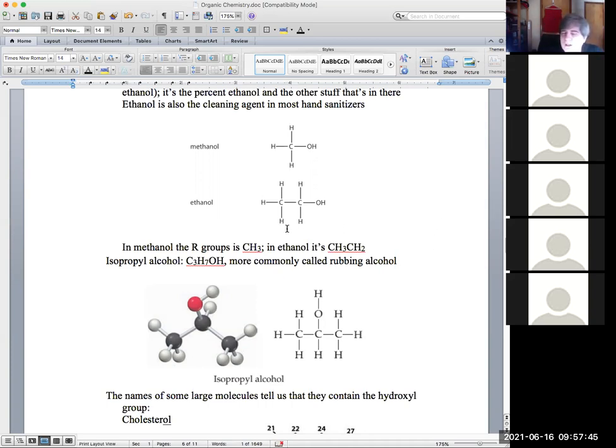The alcohol in all of them is ethanol. The difference between beer and wine and whiskey or some other hard liquor is the percentage of alcohol, and not just what's the percent.